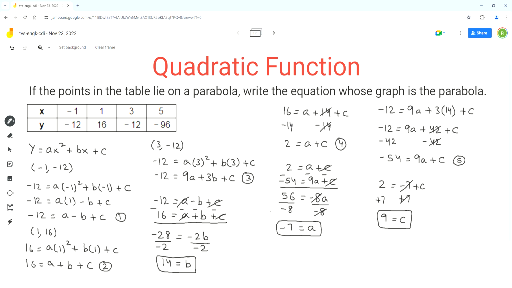Now we can use these a, b and c values to write the equation of the parabola. So this should be the final answer for this problem.